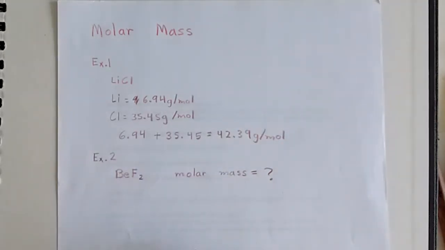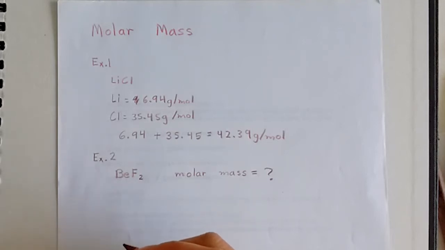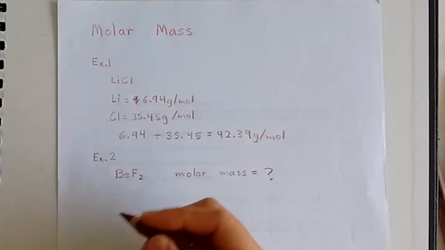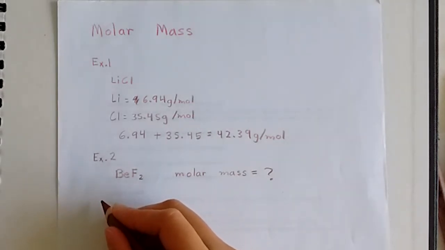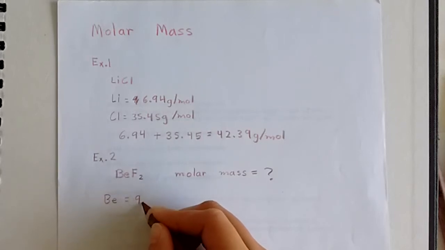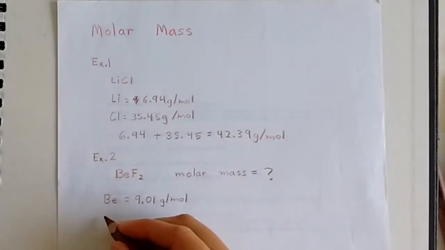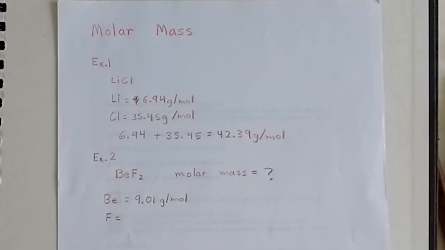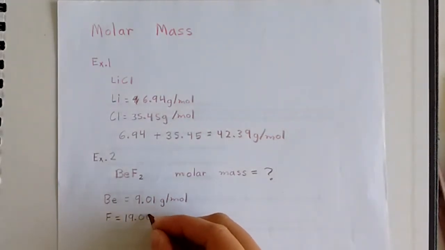We go through the same process for beryllium. If you look at a periodic table, there are plenty online, just search periodic table. You can see that rounded to the second digit after the decimal point, beryllium is 9.01 grams per mole. And for fluorine, we have 19 grams per mole.